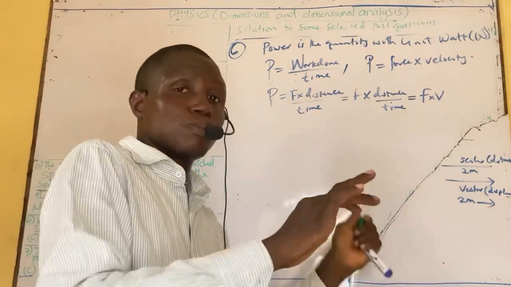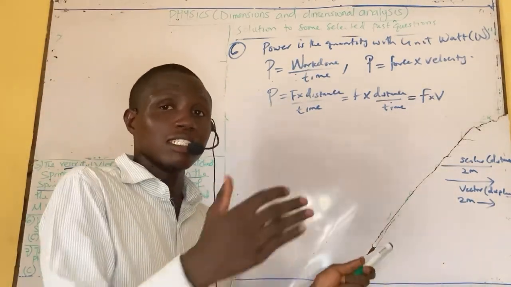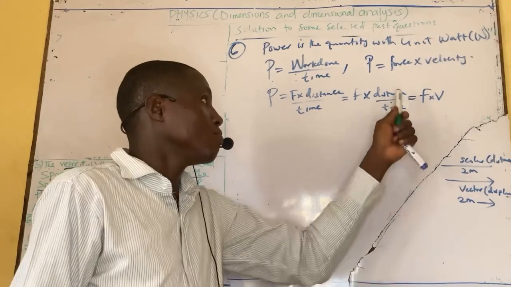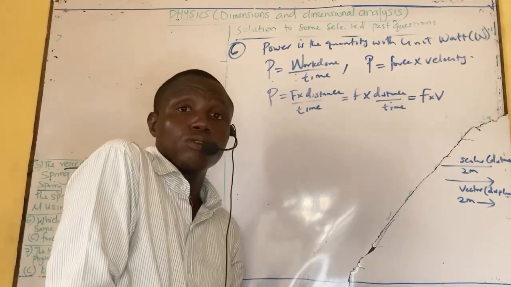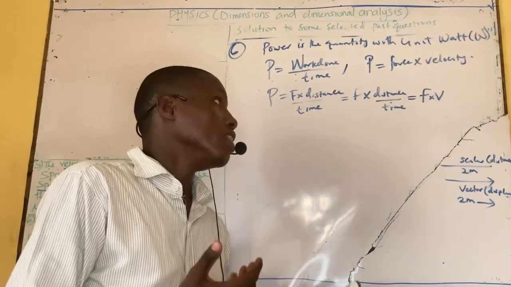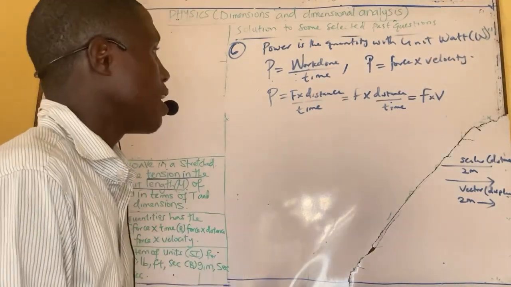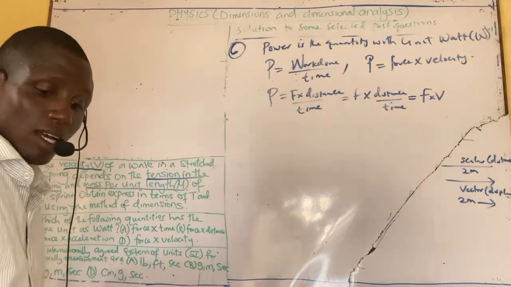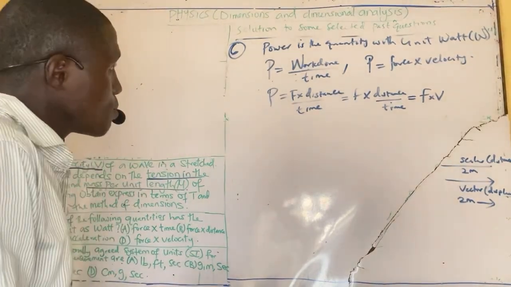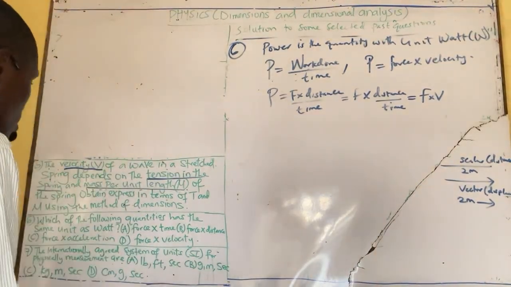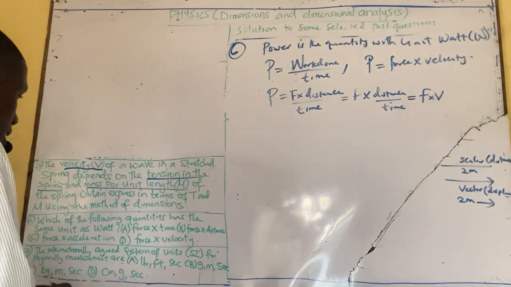So speed and velocity can also be used interchangeably, and instead of distance I can just use displacement. It does not matter. So that's that as far as work done and power are concerned. The option here is force times velocity.